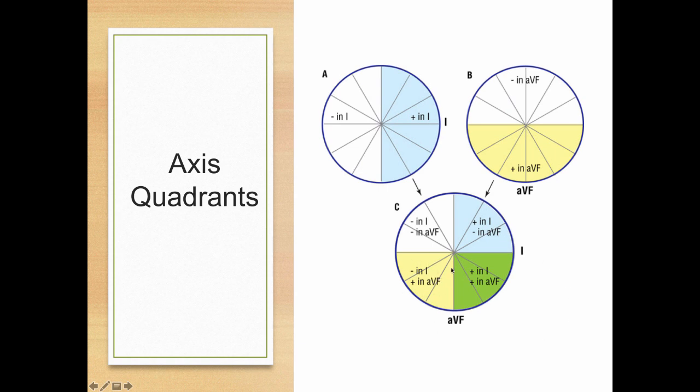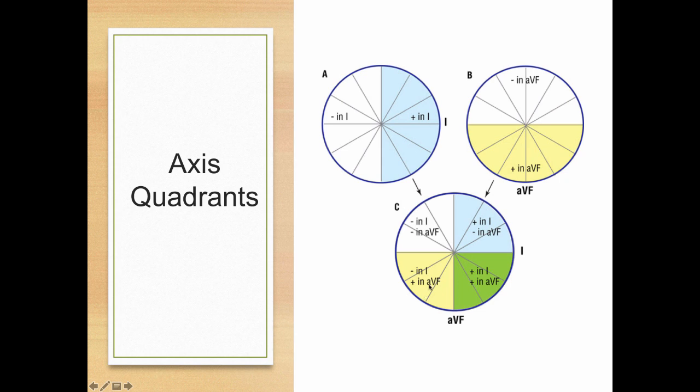This quadrant down here is our right axis deviation quadrant, and here it's just flipped. Instead of left being positive in 1, negative in AVF, we get negative in lead 1 and positive in AVF. And again, this is mostly negative. It doesn't have to be completely negative, just mostly negative. This doesn't have to be completely positive. It can be just a little bit more positive than it is negative.